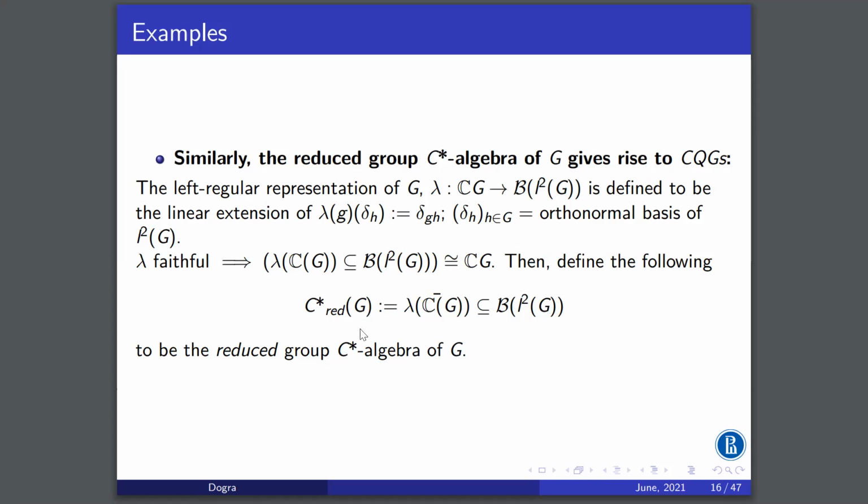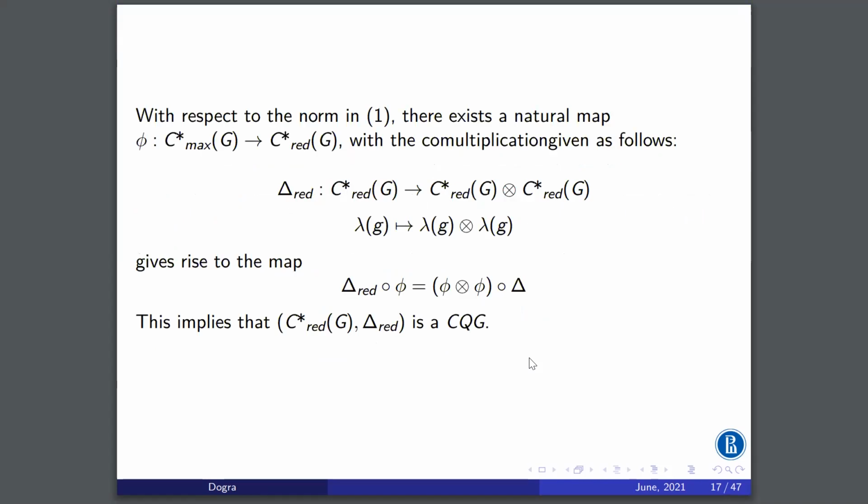And then we define the reduced star algebra of G as the completion of the image of this representation inside the space of bounded linear operators of little L2(G). And we consider the same norm as we did in the last example.